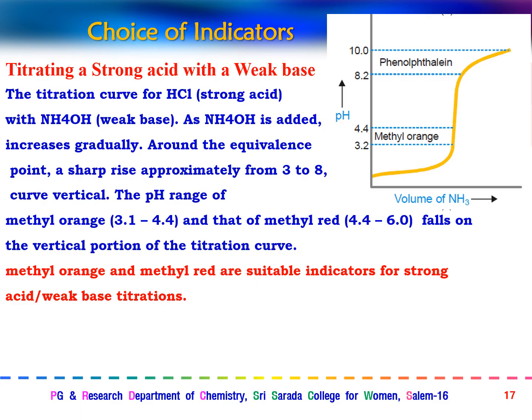We know that the pH range of methyl orange is 3.1 to 4.4 and that of methyl red is 4.4 to 6. Both fall in this range, and therefore methyl orange and methyl red are suitable indicators for titrating a strong acid with a weak base.